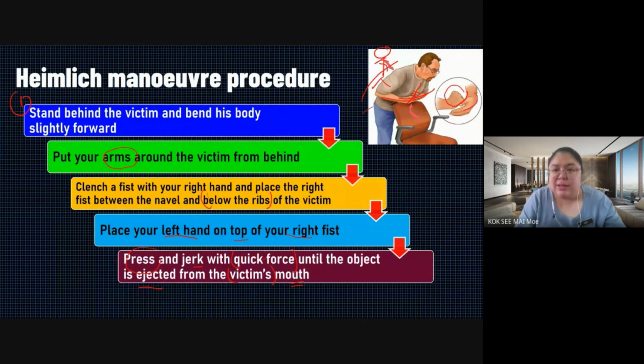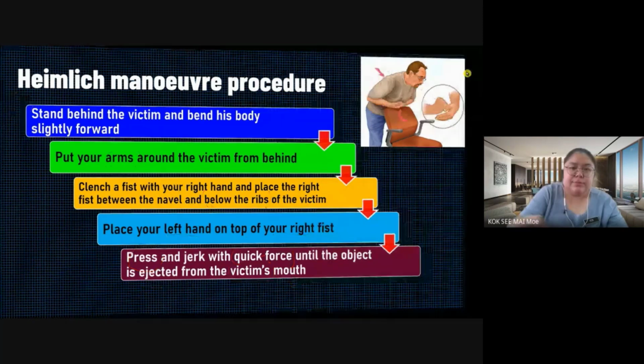You may need to do it many times, up and down, until the object comes out of the mouth. So the victim cannot stand straight, they should be bending a bit, to let the food come out easily. This is the process when you do the Heimlich maneuver when the victim is choking.